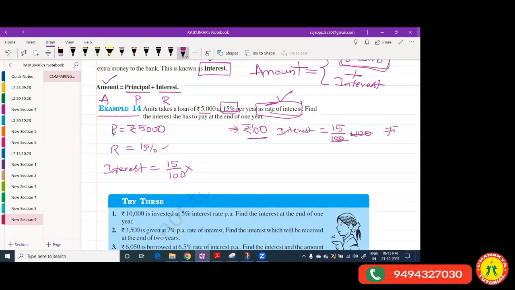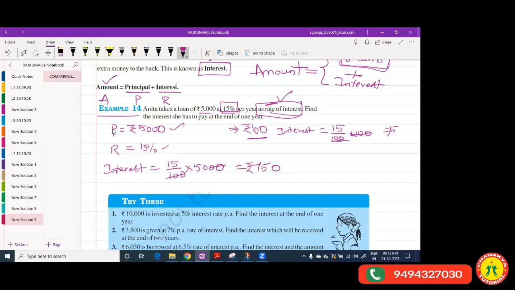But here they are asking for 5,000, so 15 by 100 into 5,000. Cancel two zeros, 15 times 5 is 75.